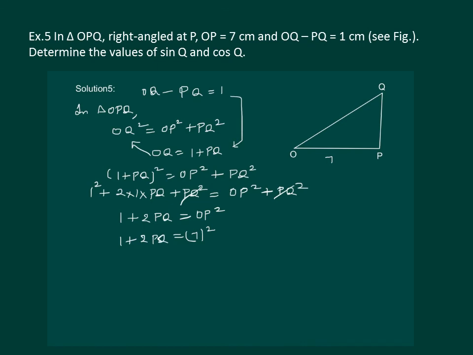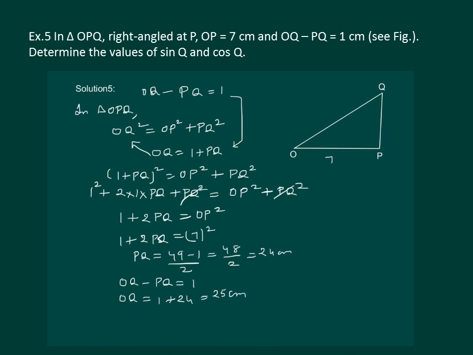From here we can find the value of PQ, which will be 49 minus 1 whole by 2, that is 48 by 2 equal to 24 centimeters, and substituting in OQ minus PQ equal to 1, we get OQ equal to 1 plus 24 equal to 25 centimeters.